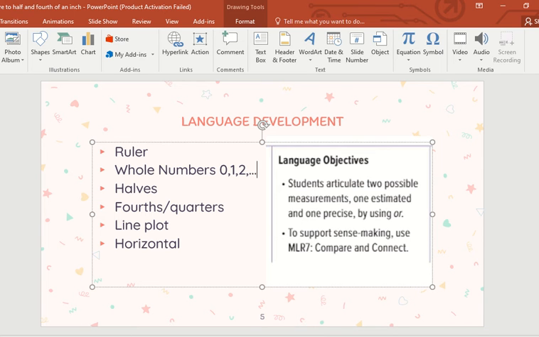What are halves? What are fourths? What is a line plot, and what is horizontal? This is what we will talk about on the next slides. Horizontal, we all know what is meant by horizontal. Horizontal and vertical are lines. Horizontal line is the x-axis and vertical line is the y-axis.